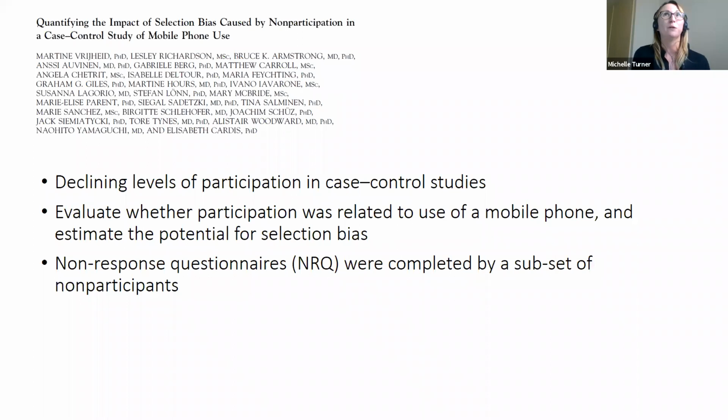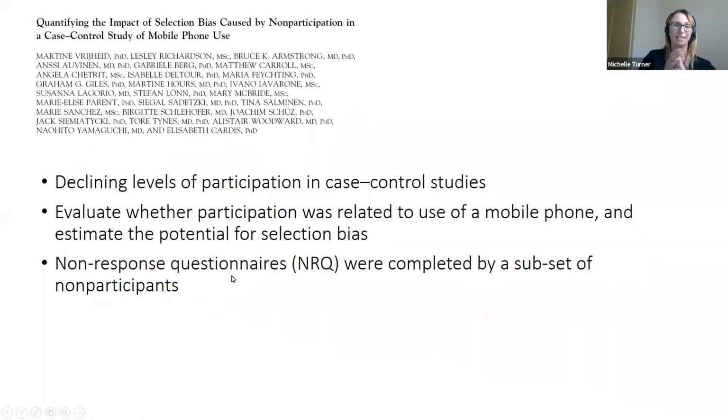So, if somebody calls you and says, would you like to participate in a study of the health effects of mobile phone use, and you don't have a mobile phone and you've never used one, would you be more or less willing to participate? What they did here, for all the people that said no, I'm not interested, I'm too busy, is ask them if they could complete a shorter questionnaire.